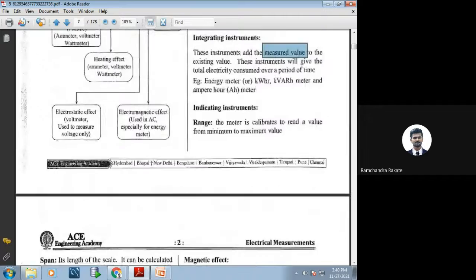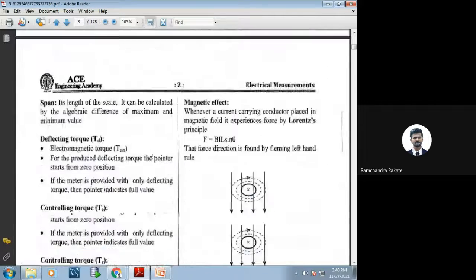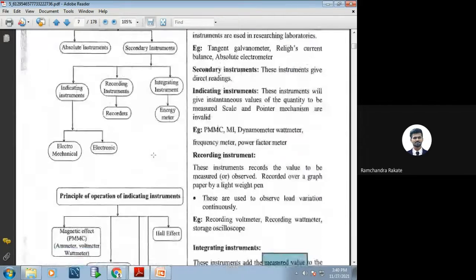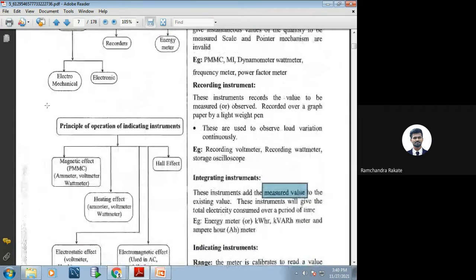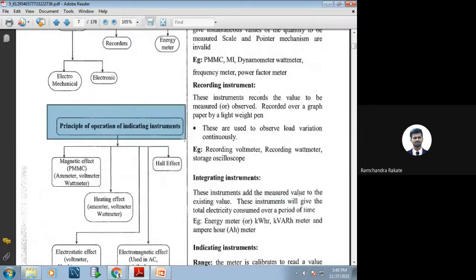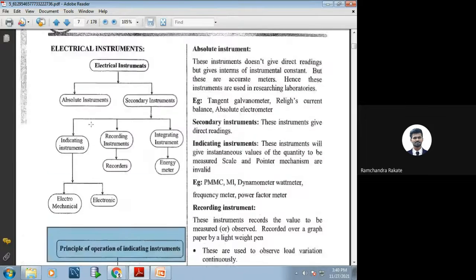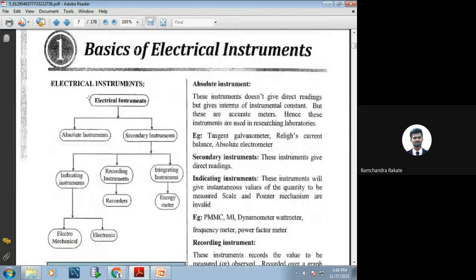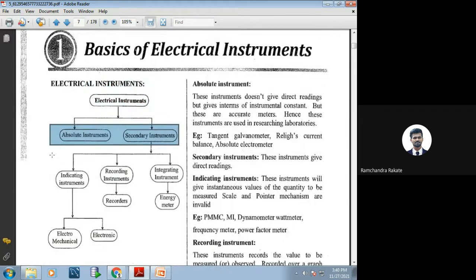So we'll start one by one. Clear? Now we'll start with the indicating instrument. We have seen the basic prerequisites for electrical instruments: absolute, secondary instrument, then indicating.